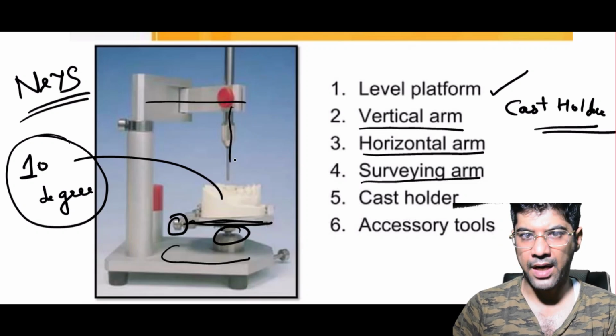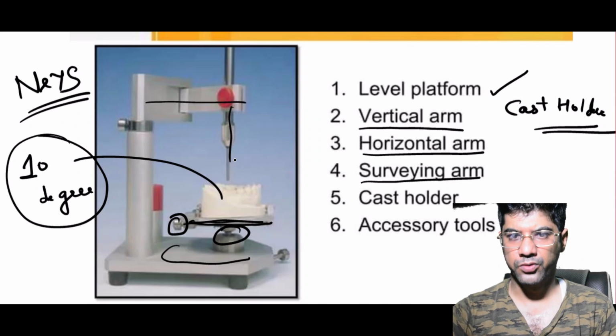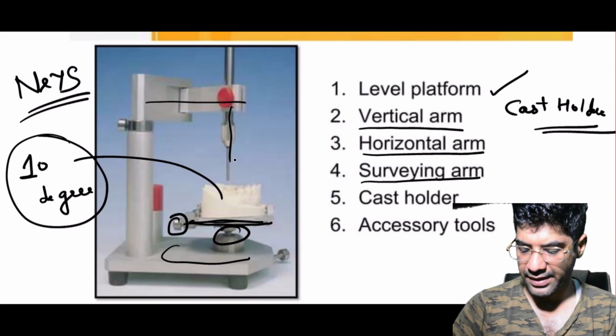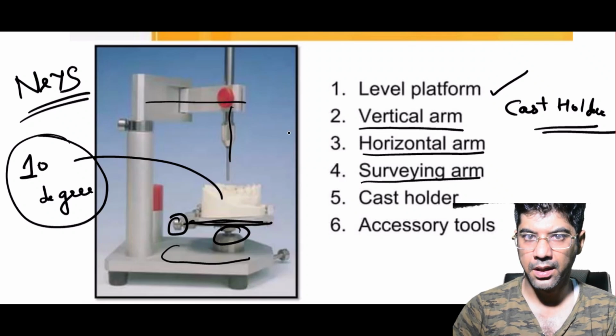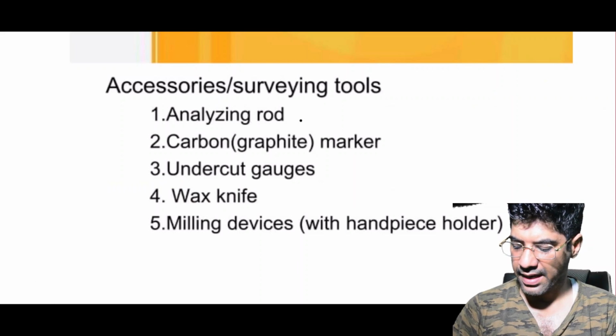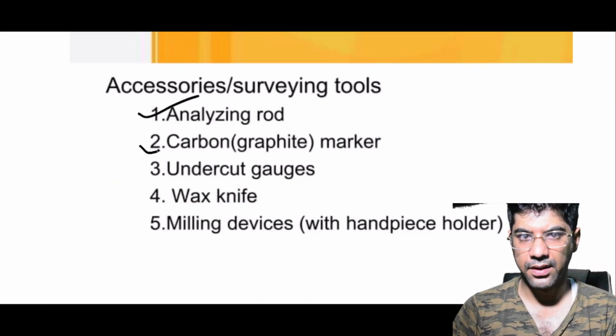Surveying tools are attached to the mandrel of the surveying arm and used to analyze the cast. The most common tools that we use are, remember, analyzing rod, carbon markers, undercut gauze, wax knife, and milling devices.